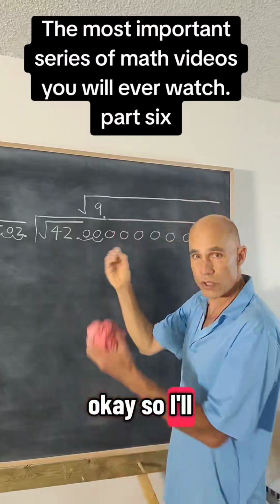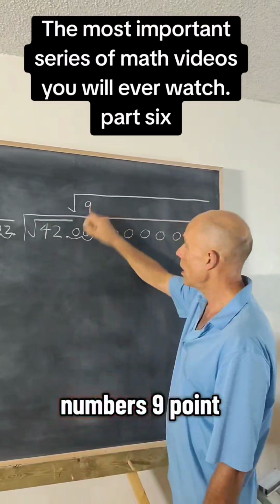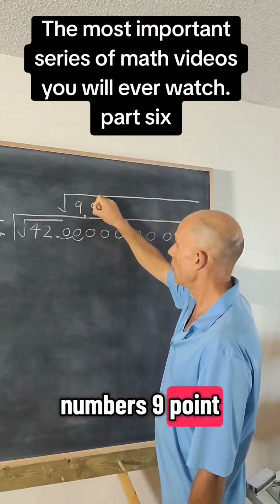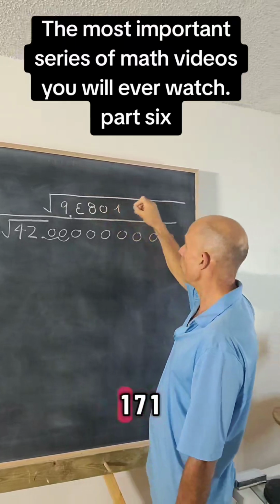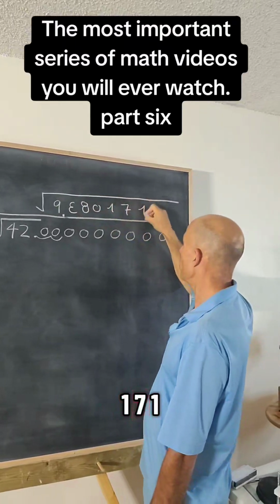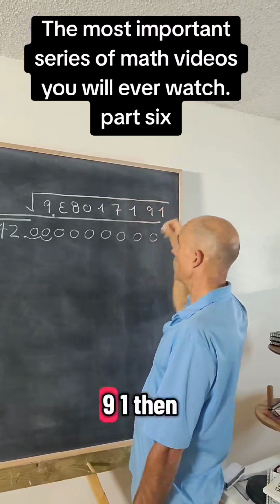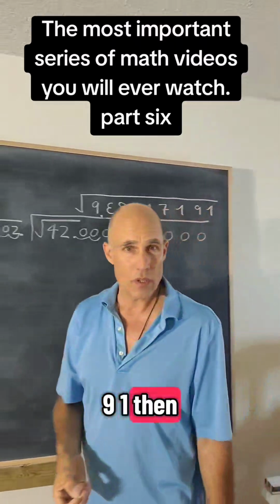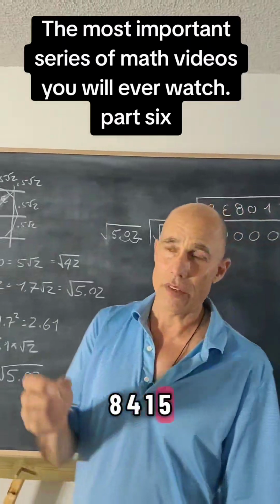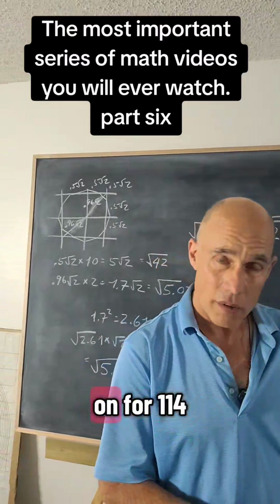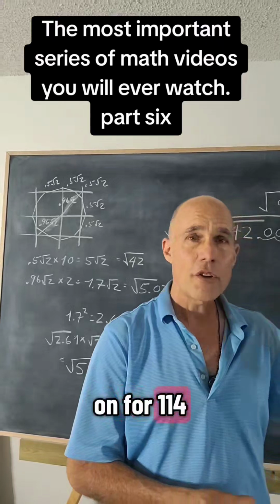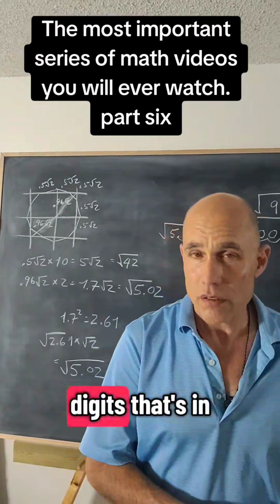Okay, so I'll just give you the first few numbers. 9.L8017191. Then it goes on 841567467 and on and on and on for 114 digits.